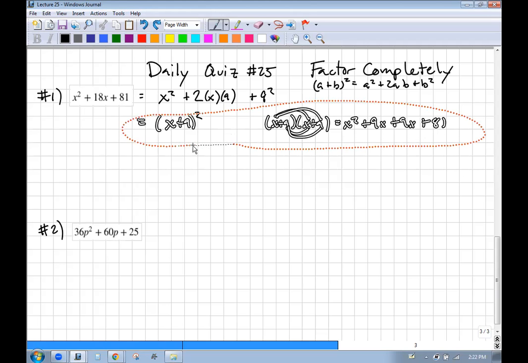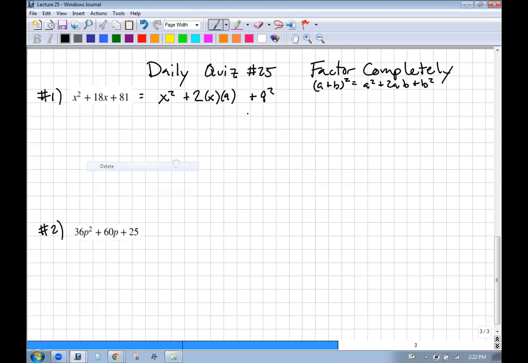All right. The other method is the AC method. We take A times C. A here is 1, C is 81. So 81 times 1 is 81. Our B here is 18. We need two numbers that multiply to give us 81 and add to give us 18. So what could they be? Well, how about 9 and 9, right? They multiply to give us 81 and they add to give us 18.